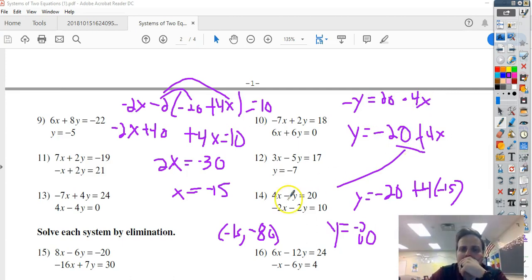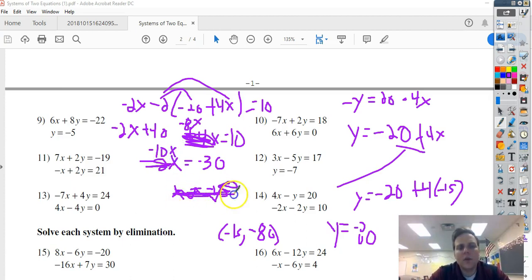Okay, so then I took this and I plug in for x right here. Oh, no, I plug in for y. So I got negative 2x, negative 2 times negative 20 right here. Negative 2 times 4x isn't 4x. Negative 2 times 4x is negative 8x. So then, I still have negative 30 here, but negative 2x minus 8x is negative 10x.